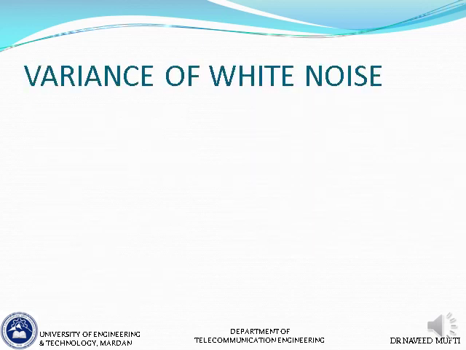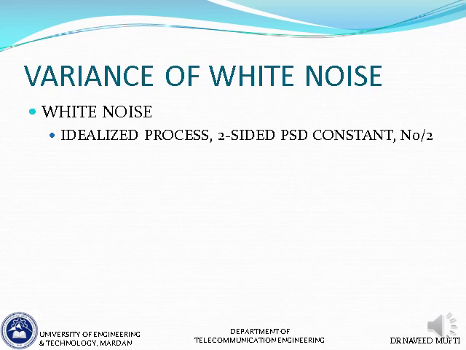Let us quickly consider the variance of white noise. We know that white noise is an idealized process with a two-sided power spectral density equal to a constant, N0 by 2, for all frequencies from minus infinity to plus infinity.